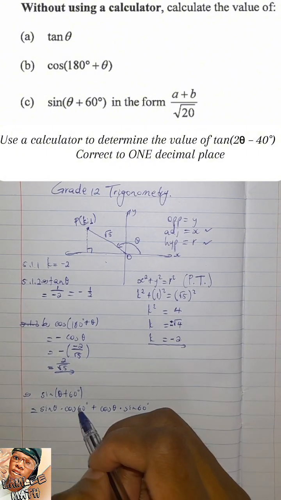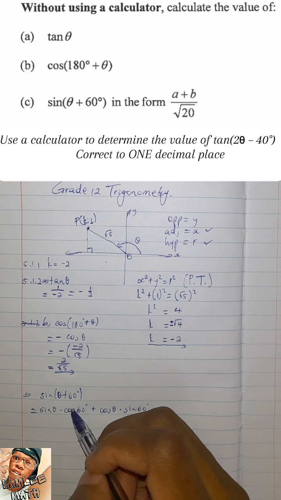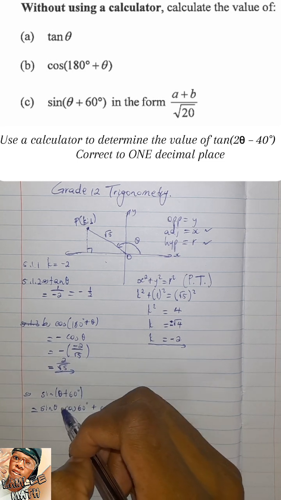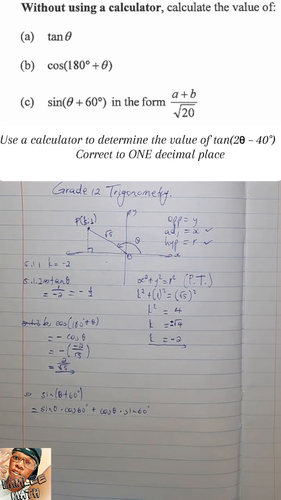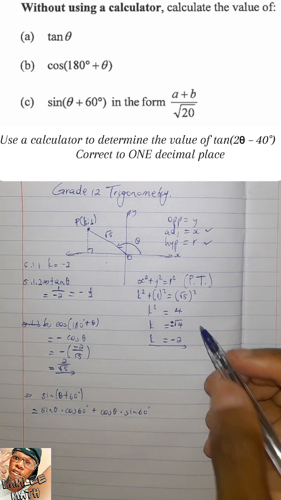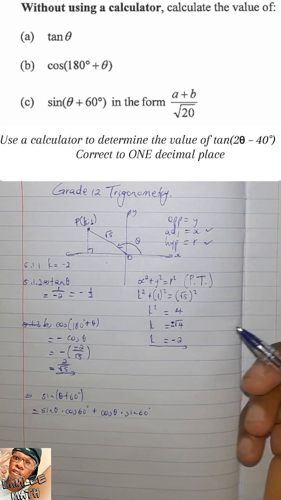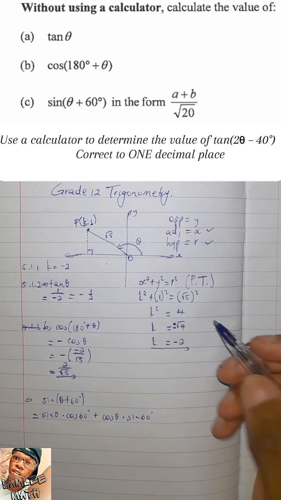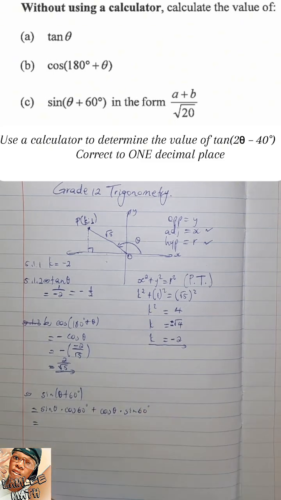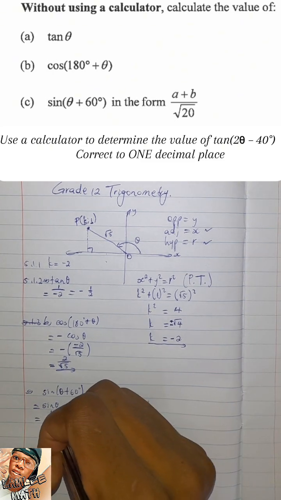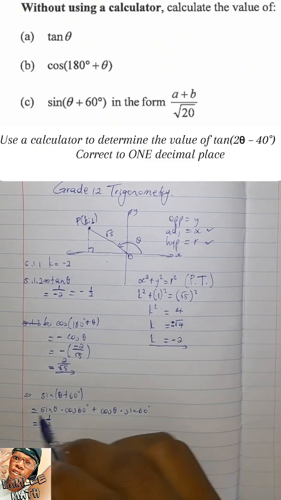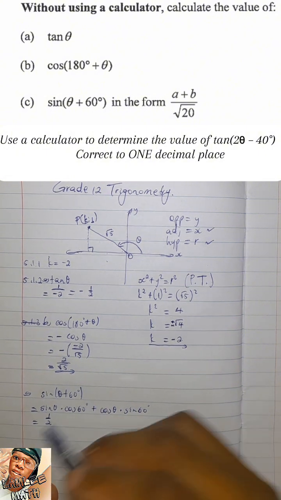Because 60 is a special angle, we don't even need a calculator for that, because they said without a calculator. We know that sine 60 is equal to √3 over 2, and cos 60 is equal to half. But then what about the sine theta?